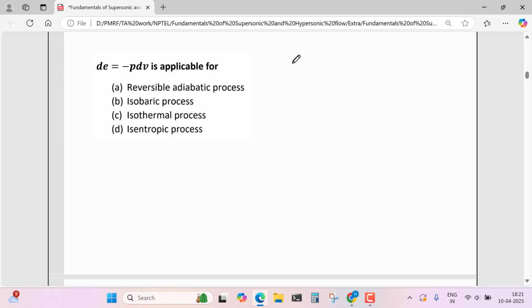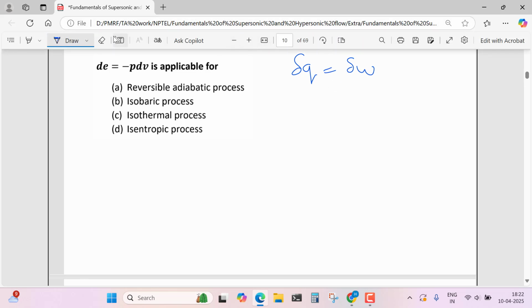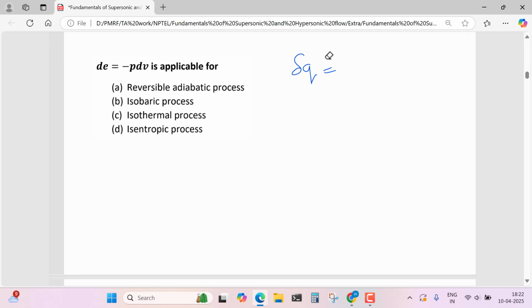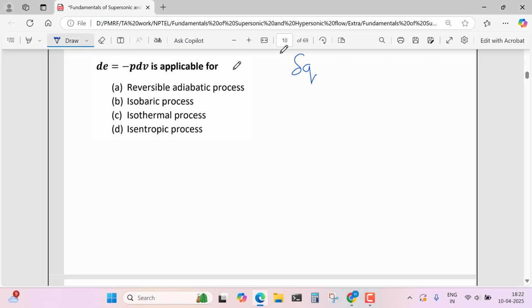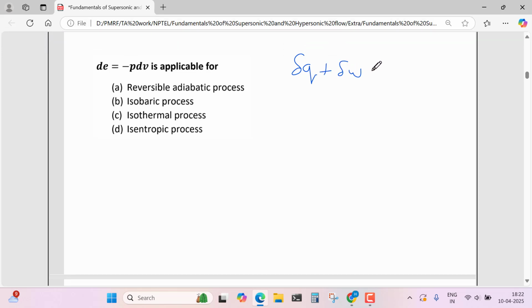So first see the first law of thermodynamics: del Q plus del W equal to del E, and del W is nothing but minus P dV for a reversible process.